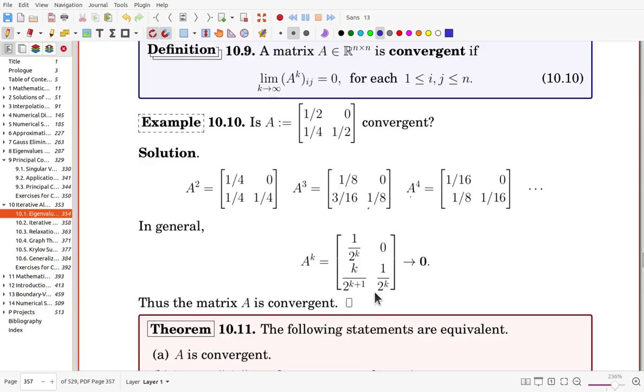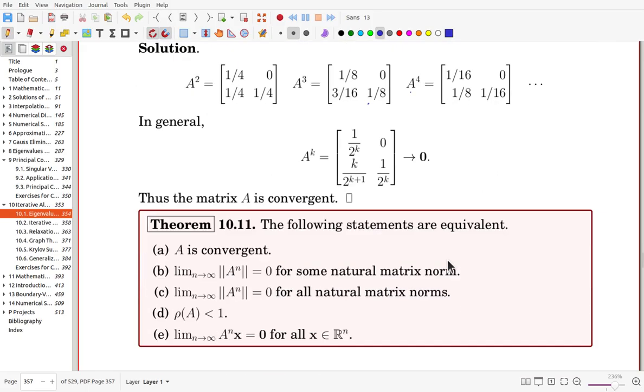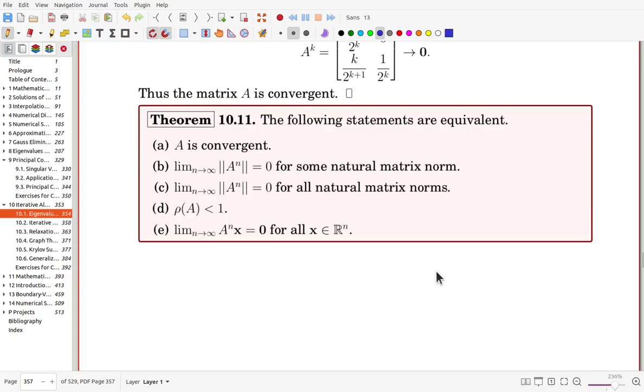That is the original definition. As the power increases, each entry is converging to 0, then we say the matrix is convergent. Now we have a theorem, and the following statements are equivalent. Such a theorem is called an equivalence theorem.